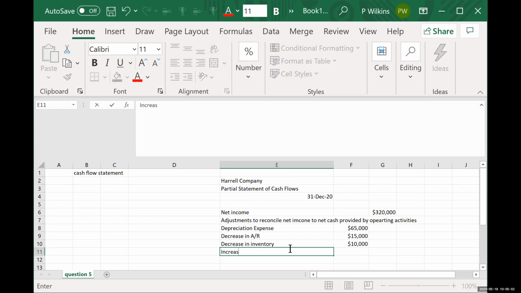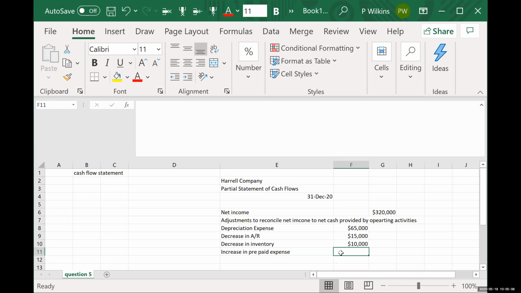So for an increase in the prepaid expense, an increase in an asset, you're going to subtract. So we're going to subtract $2,500. Oops, I did 255. $2,500. Okay, $2,500. We're then going to go down to, there's no other assets there.